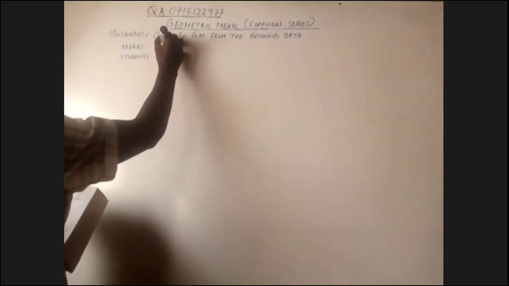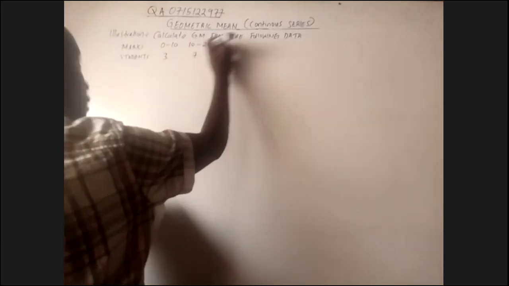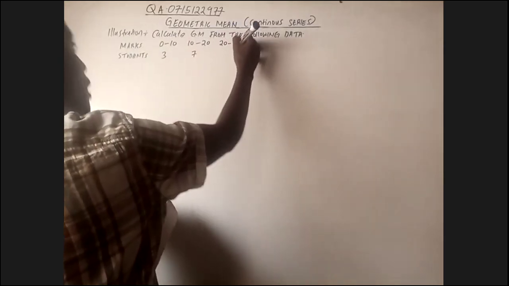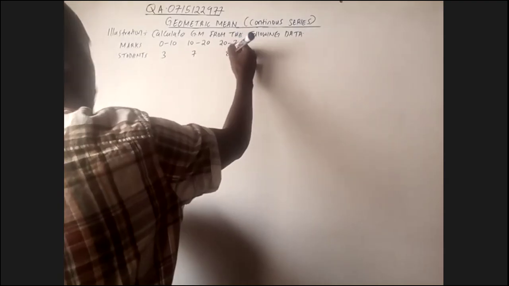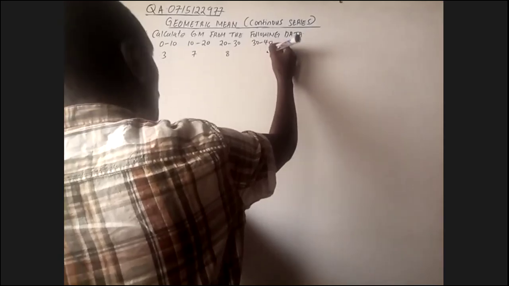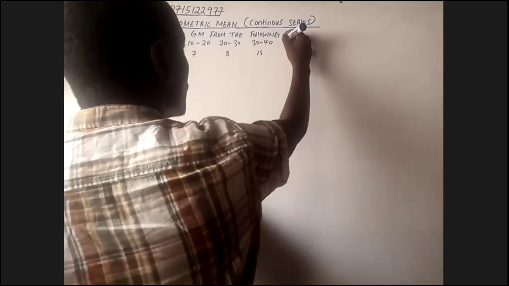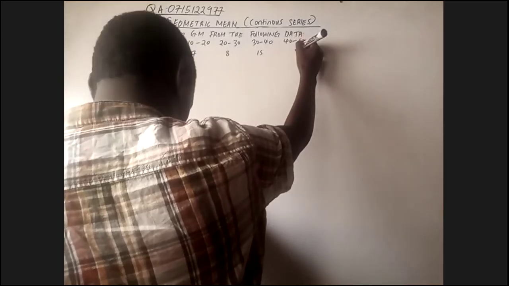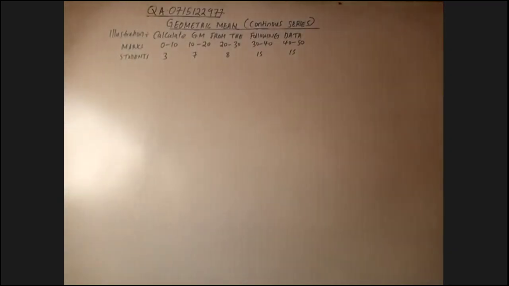So 0 to 10 in the continuous data with 3, 10 to 20, 7, 20 to 30, 8, 30 to 40, 15, 40 to 50, 15. So calculate GM from the following data. Solutions.